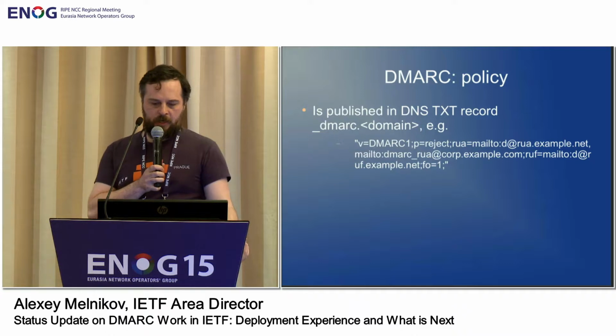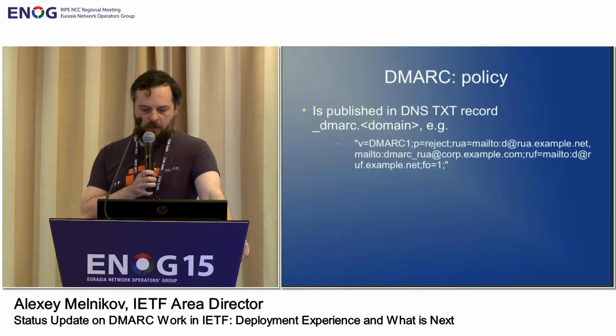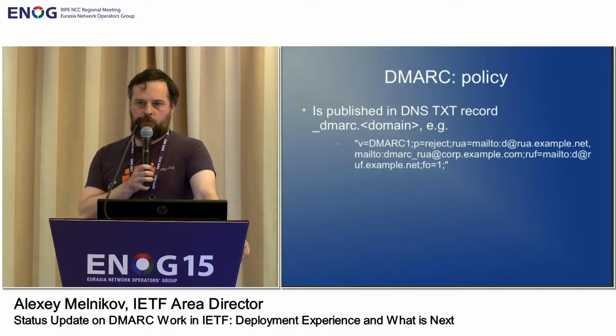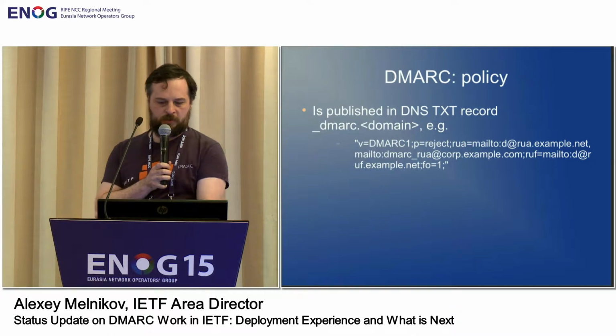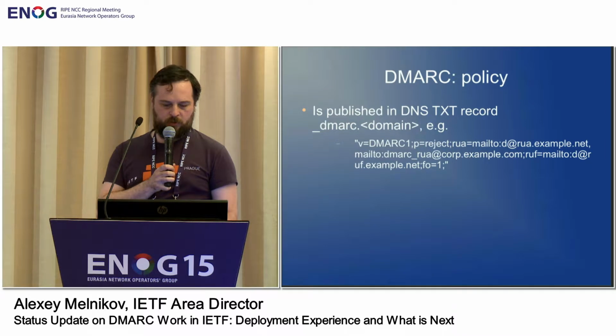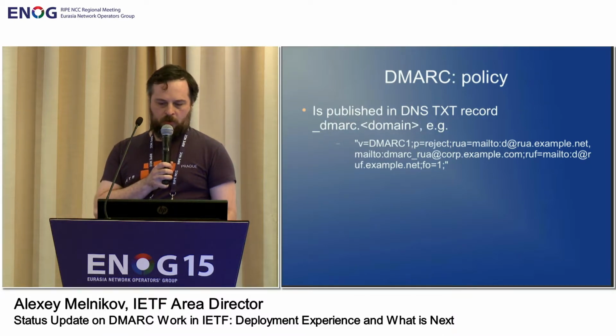And fields like rua are asking recipients to send aggregated reports about use of DMARC and where to send them. You can specify multiple recipients. And ruf also allows the sender to specify to send failure reports.